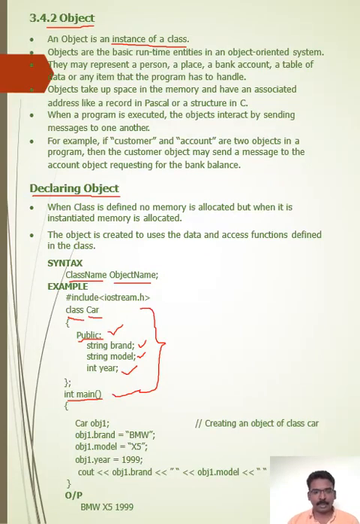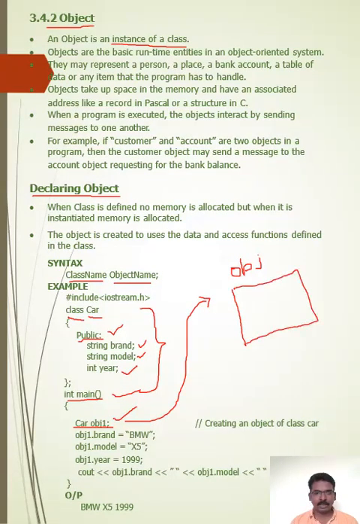For example, in this instruction we are creating an object named object1. An object in turn is nothing but a memory. So an object named object1 will be created, that is, memory will be allotted under the name object1.